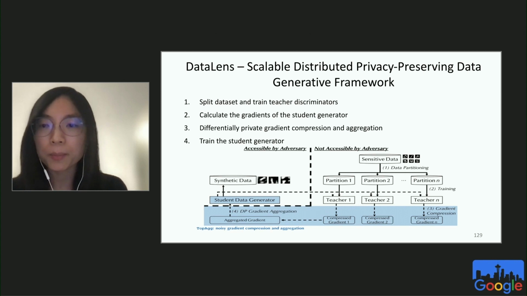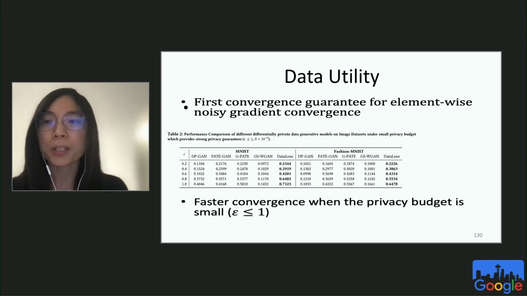And empirically, please go to the next slide. We can show that this framework provides very high data utility on high-dimensional data, including MNIST and Fashion-MNIST, and later also evaluation on CelebA and Places365. It shows that the utility is high even under a small epsilon budget, like epsilon smaller than 1.